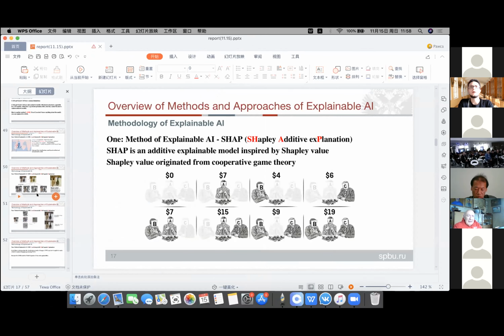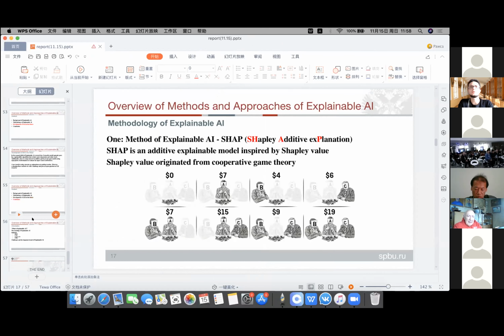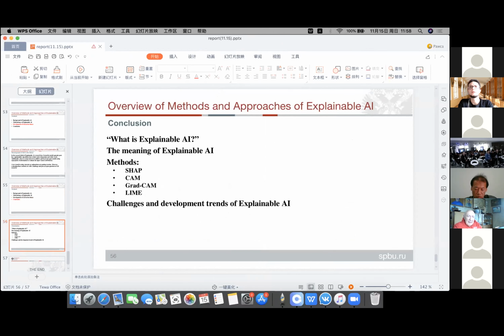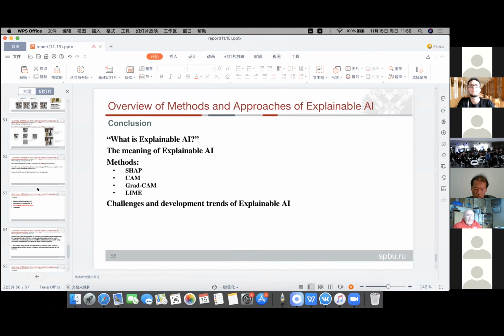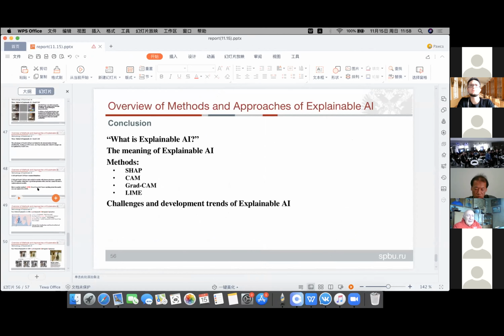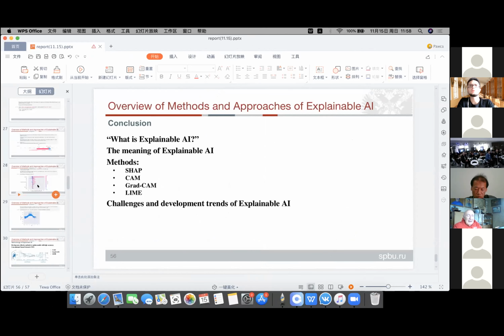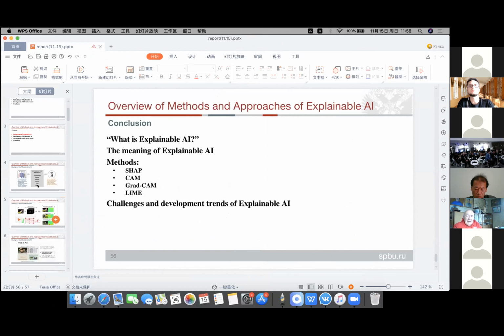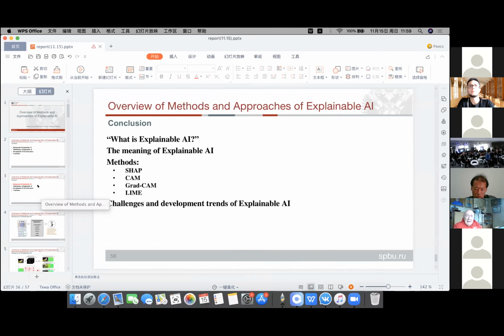I think if you could somehow connect game theory with artificial intelligence here in this SHAP approach, that would be very good. Okay, a few words of how SHAP is applied, because the next presentation is actually about SHAP.